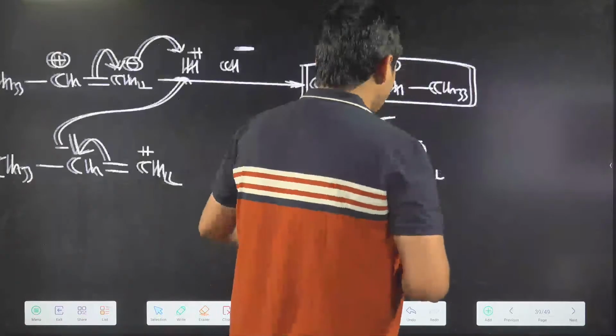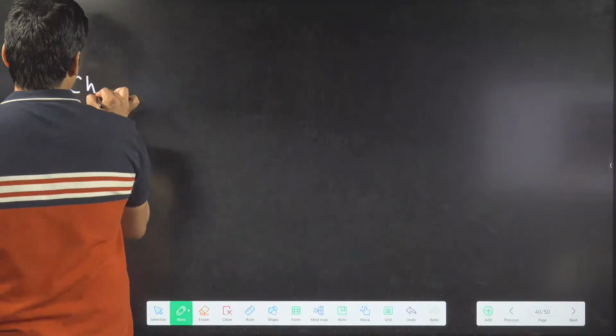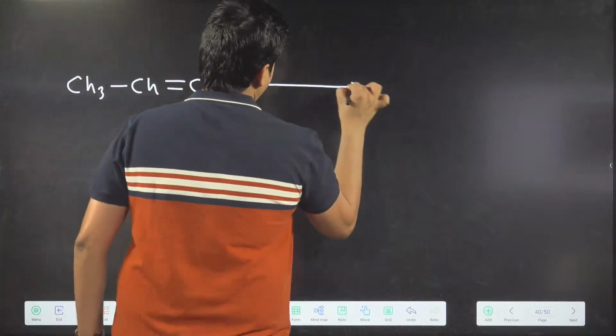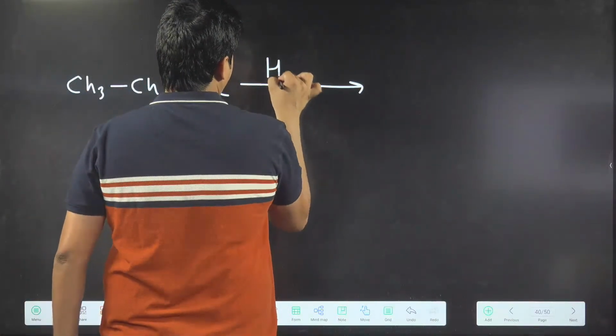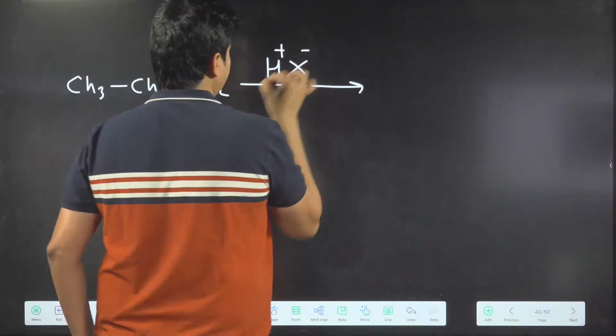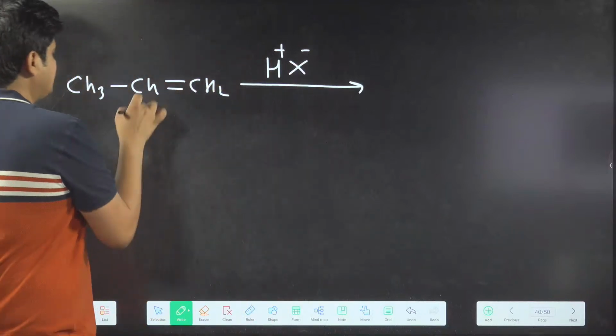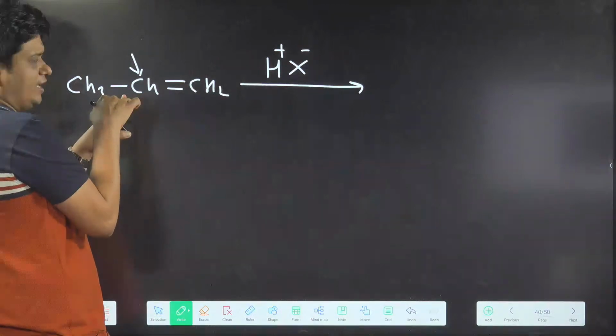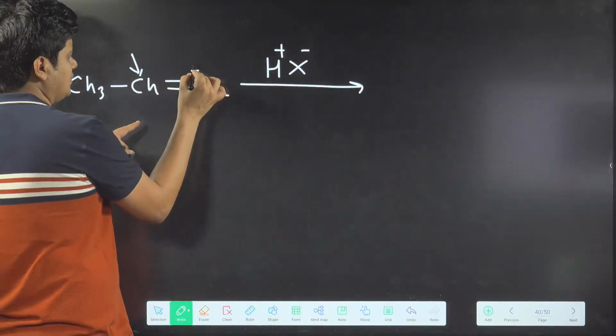Now what can we say there? We have this CH3 CH double bond CH2. The examiner is giving HX. I will write like this, H plus X minus. Plus is more stable on this carbon because this plus is stabilized by more number of alpha H. So minus must have developed on this carbon.